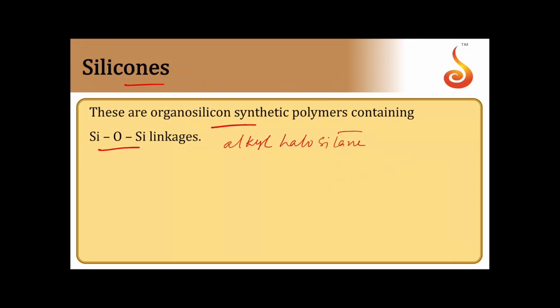Let us take an example, say R2SiCl2, which is dialkyl dichlorosilane. So this is a molecular hydrolysis, this on hydrolysis.